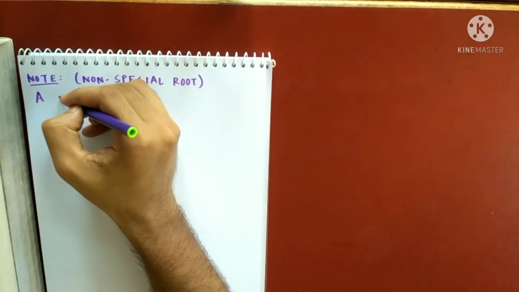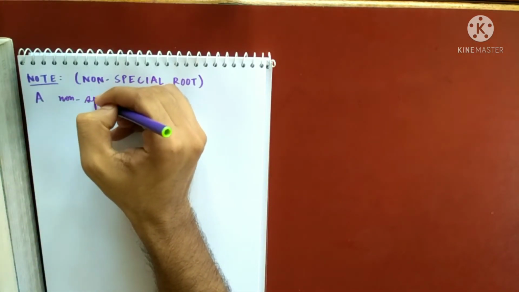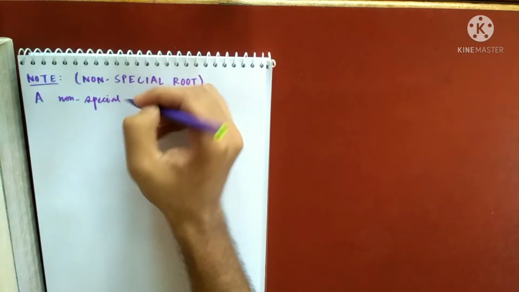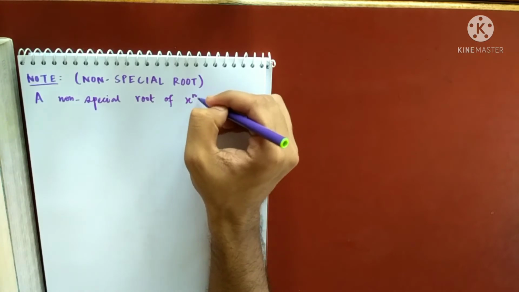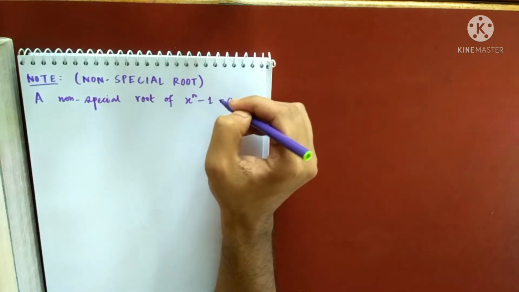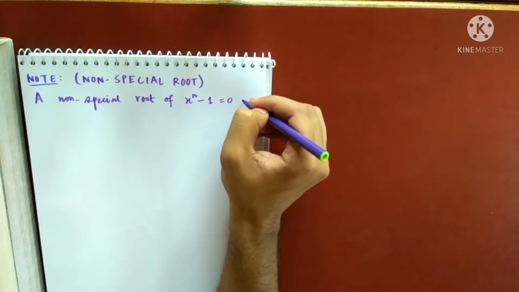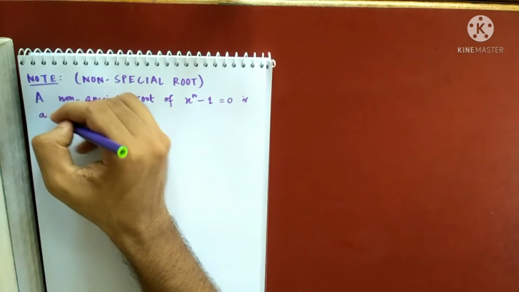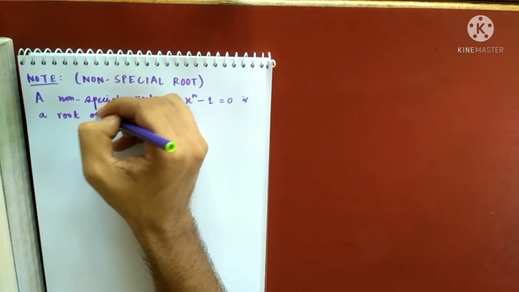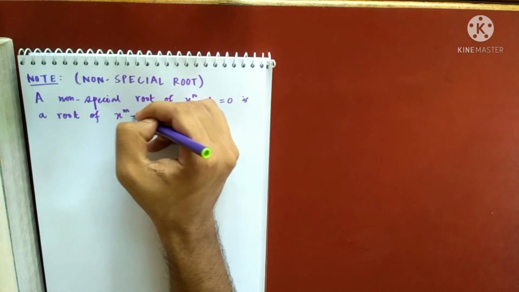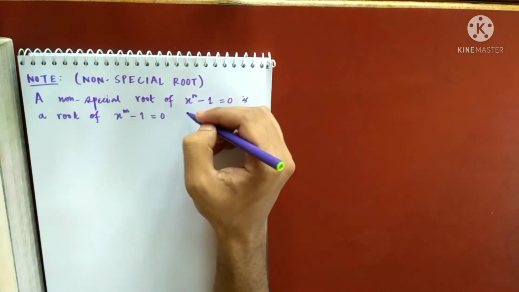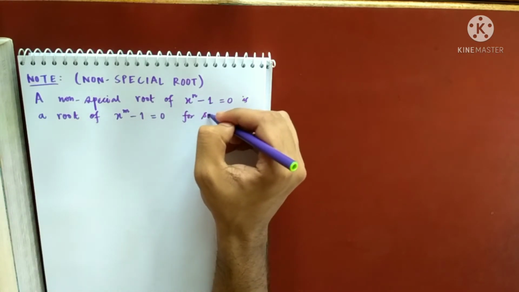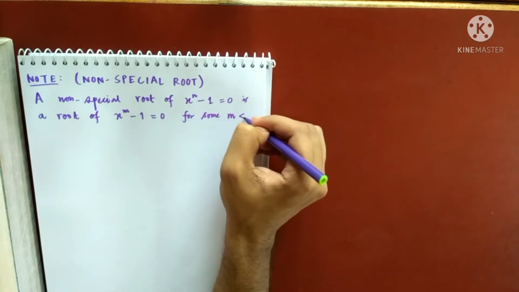So a non-special root of x to the power n minus 1 equals to 0 is a root of x to the power m minus 1 equals to 0 for some m less than n.